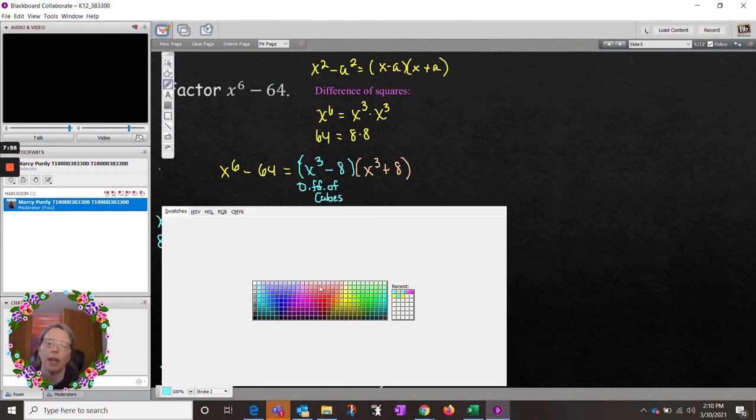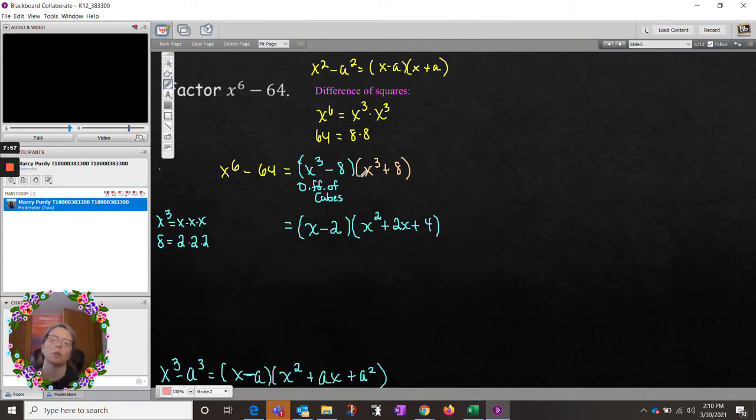Then when you look at the second one here, x cubed plus 8, that's in that orangish color, that's a sum of cubes. So we have to follow that pattern. So I'll do that in this orangish color. And basically with the sum of cubes, guys, it's pretty much the same thing, but the signs are what's different, like we talked about.